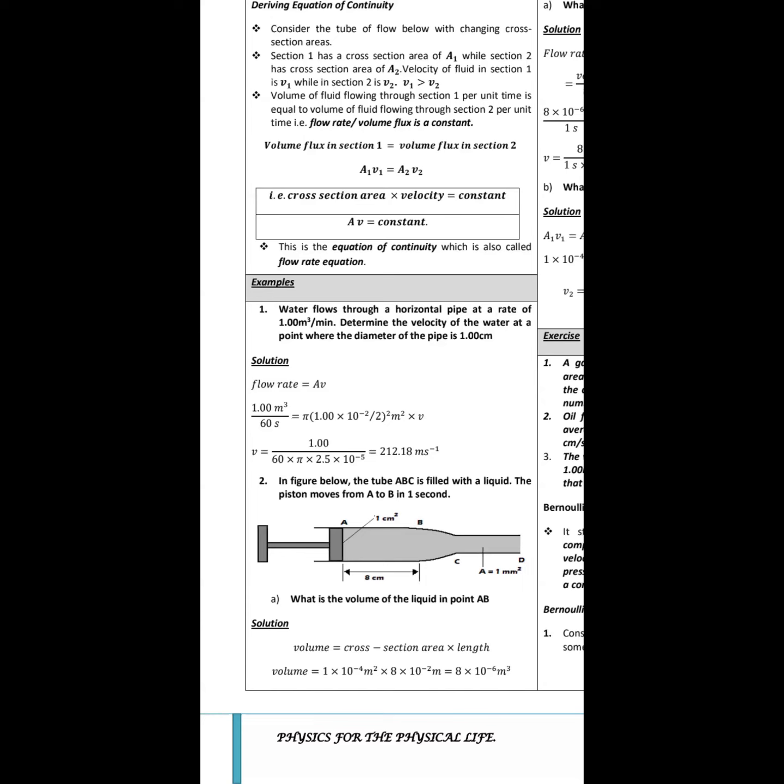Then we answer the question, what is the velocity of the liquid between A and B? Can we replace 1 second with 3 seconds? Then we see. Give me the answer. The piston moves from A to B in 3 seconds.